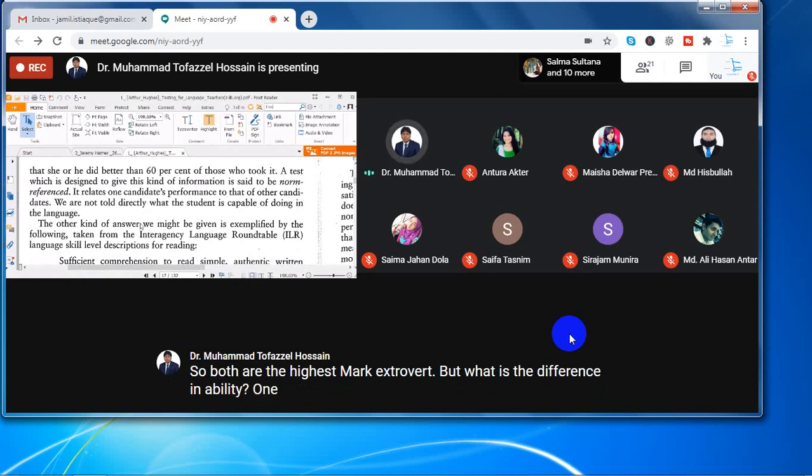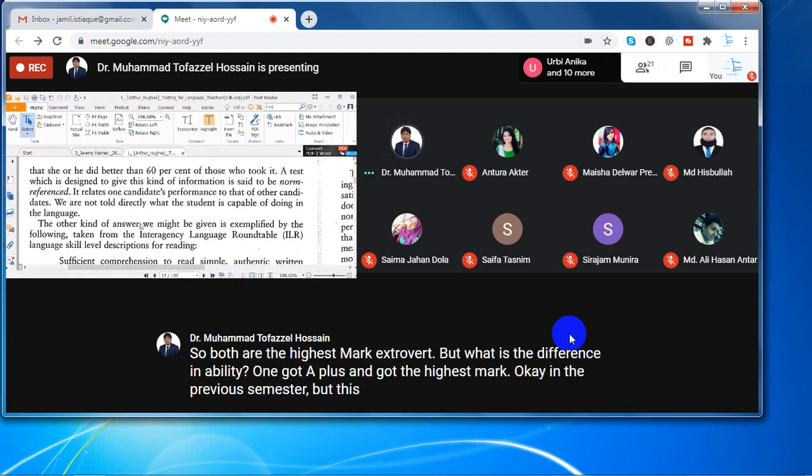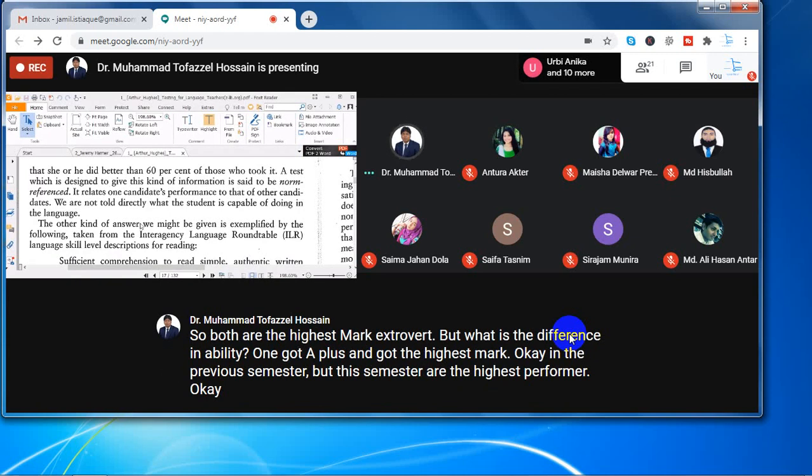So both are the highest mark achiever, but what is the difference in ability? One got A plus and got the highest mark in the previous semester. But this semester, the highest performer is who actually got A minus. But both of them are the highest performer.